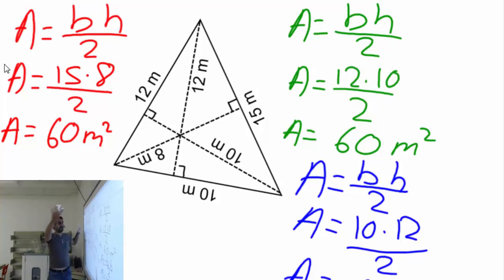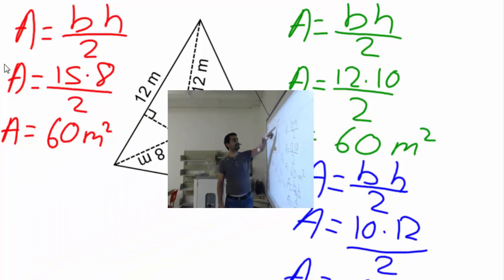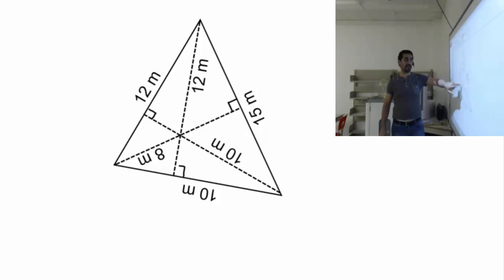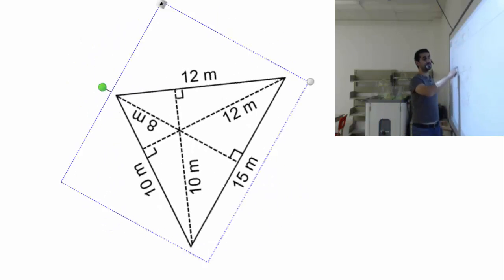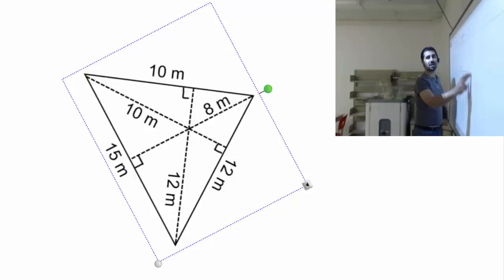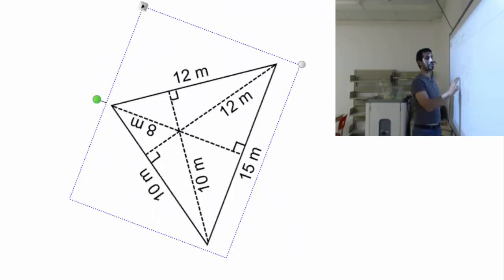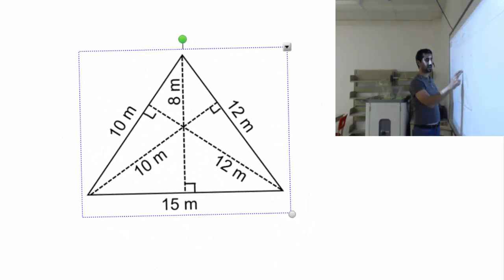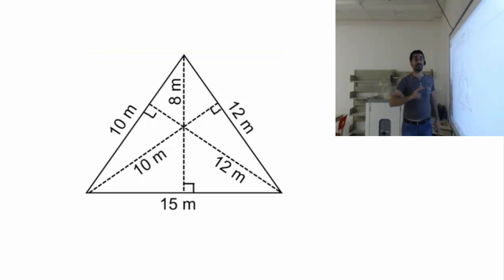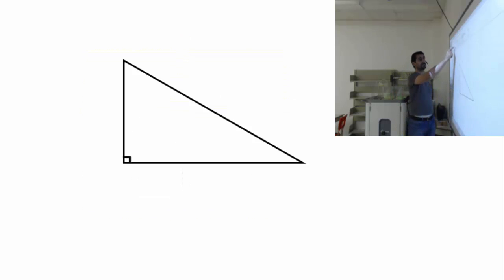So let me clear everything here. It just doesn't matter how you want to calculate the area, which side you want to use. So if that's the case, now this is a right triangle.